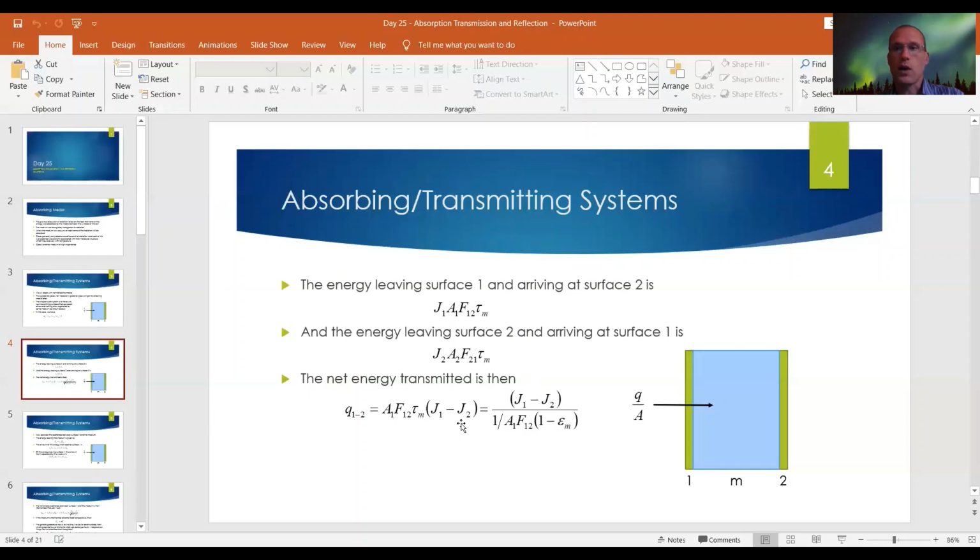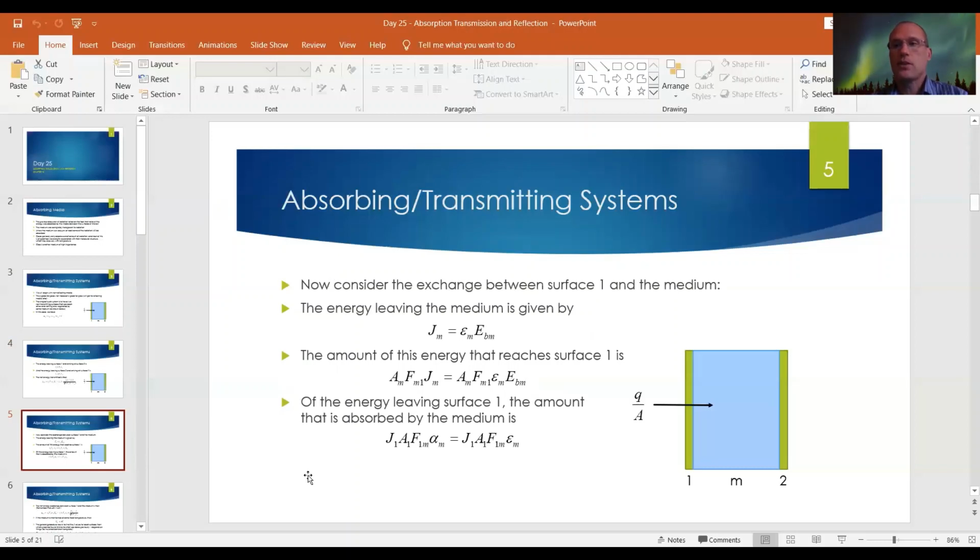Normally I want to write that as some energy difference, J1 minus J2, over some resistance-type value. The resistance is 1 over A1 F12 times tau, but tau is 1 minus epsilon. So 1 over A1 F12 (1 minus epsilon), that energy being transmitted.